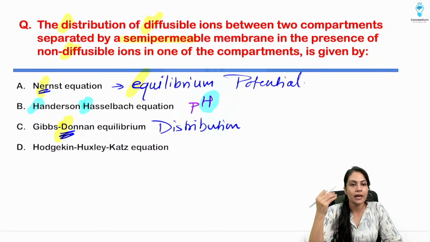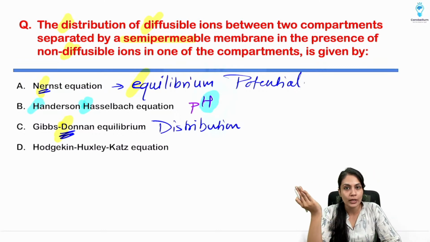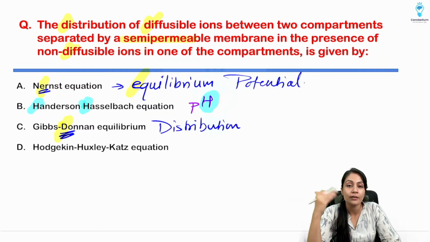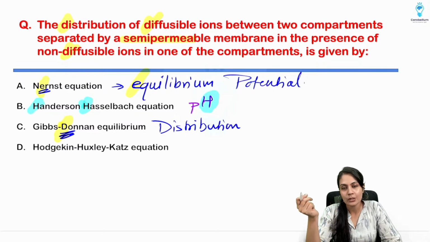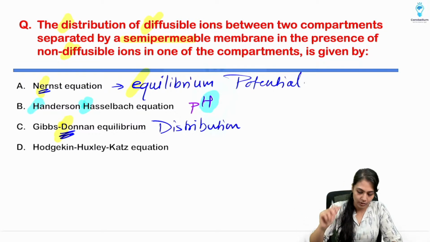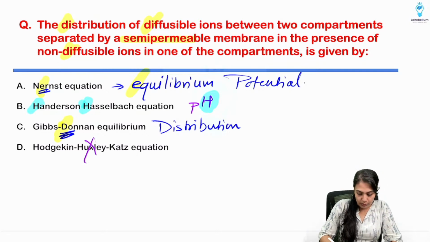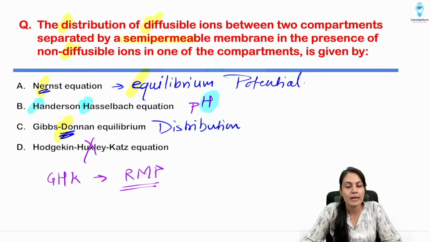First thing, Hodgkin and Huxley gave the action potential, how the action potential moves and what ions are going to move during the action potential. So it should be the Goldman-Hodgkin-Katz equation and not Huxley-Hodgkin, right? So first of all, this is wrong. The Goldman-Hodgkin-Katz, or GHK equation, is for RMP, resting membrane potential. Okay, so this is the thing.